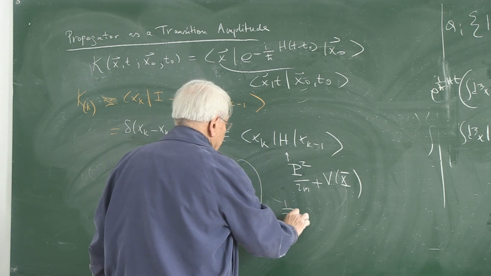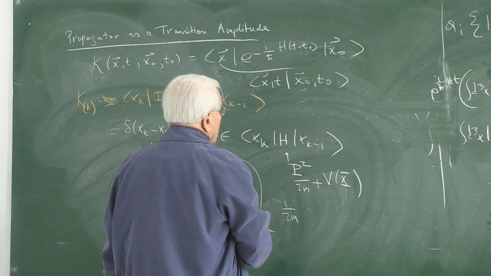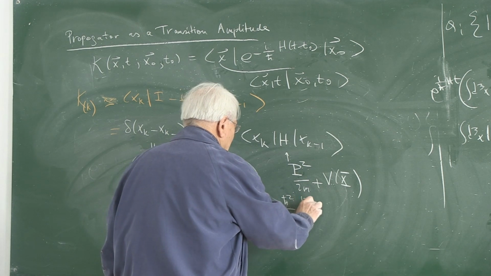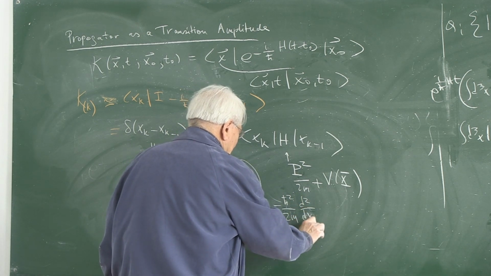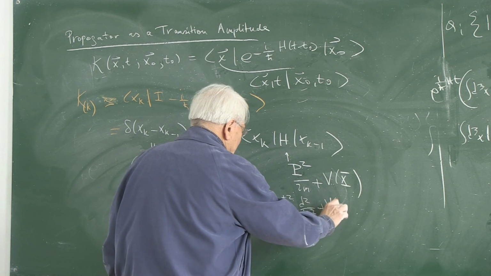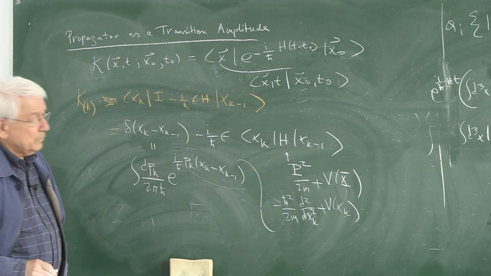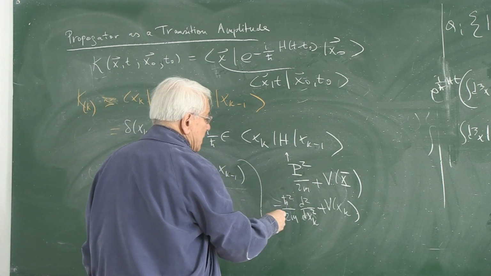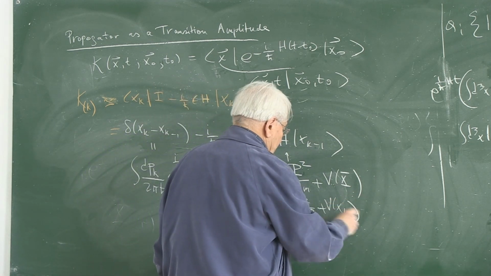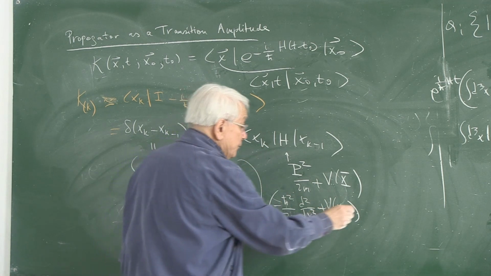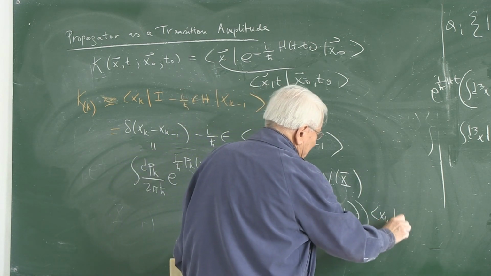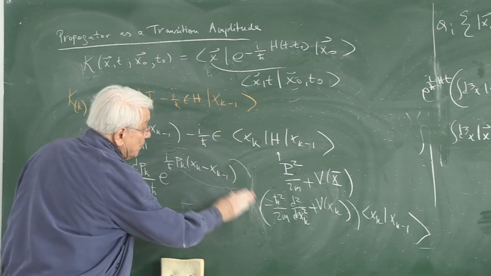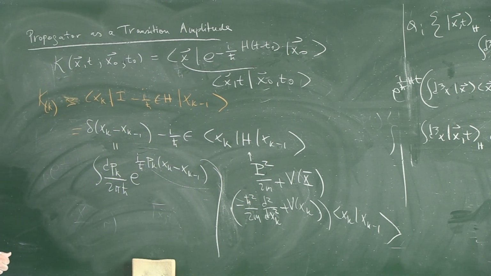1 over 2m, minus h bar squared d squared over dxk squared, plus V of xk. As I said, it can act to the left and to the right the same. This comes out because this acts only on the left factor, so xk minus 1.